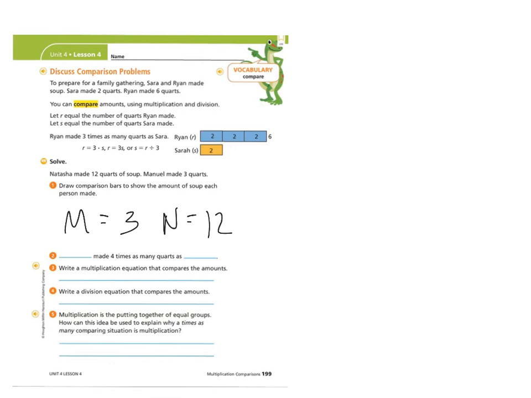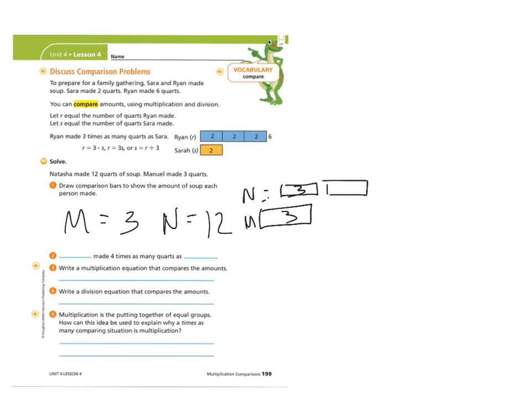So I'm going to draw the lesser amount first. That is Manuel's, so M. Sorry for my bad handwriting, it's hard to write. I need to get a stylus, I'm just using my finger here. Natasha, we're going to repeat the amount of 3 on top until we get to 12.